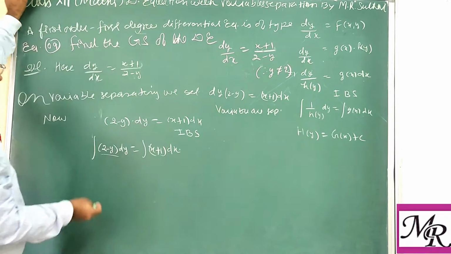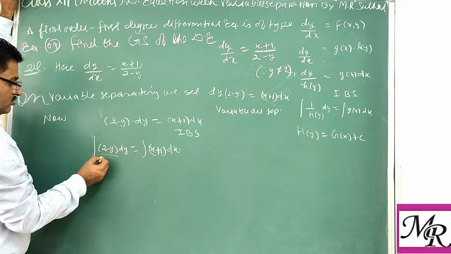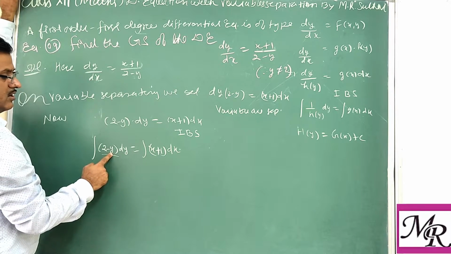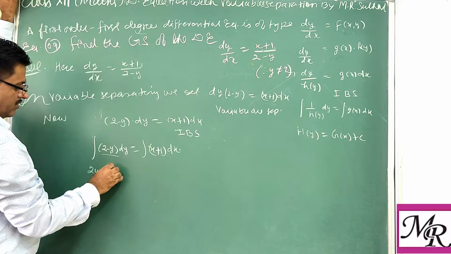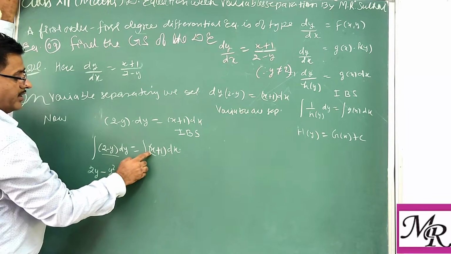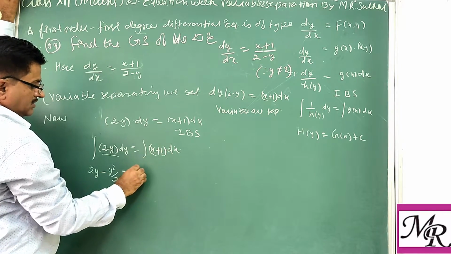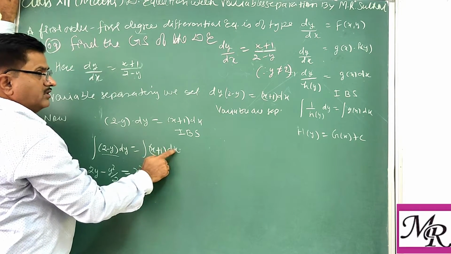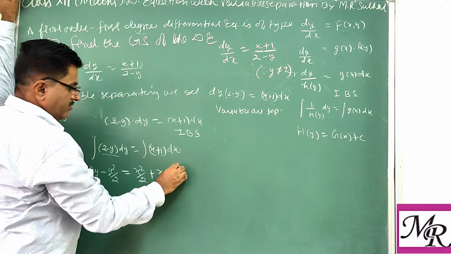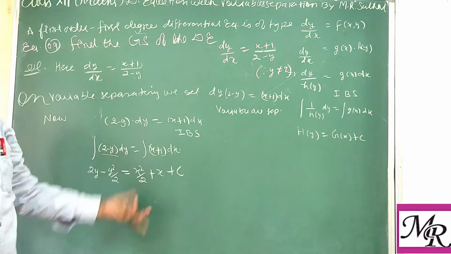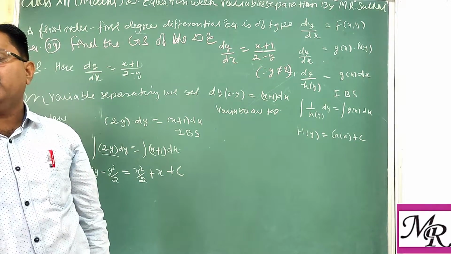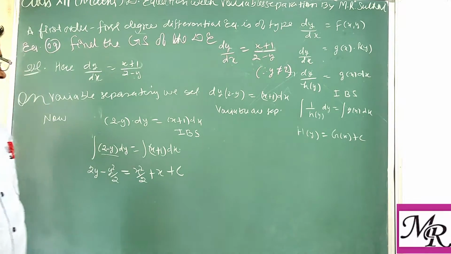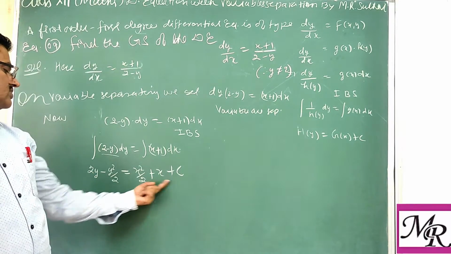So we write the integration of 2 dy, that is 2y, minus the integration of y dy, that is y square by 2, and the integration of x dx, that is x square by 2. The integration of 1 into dx, that is x, and you take one constant either on the left side or right side. So that you have to take here. So we solve this. So this is the solution.